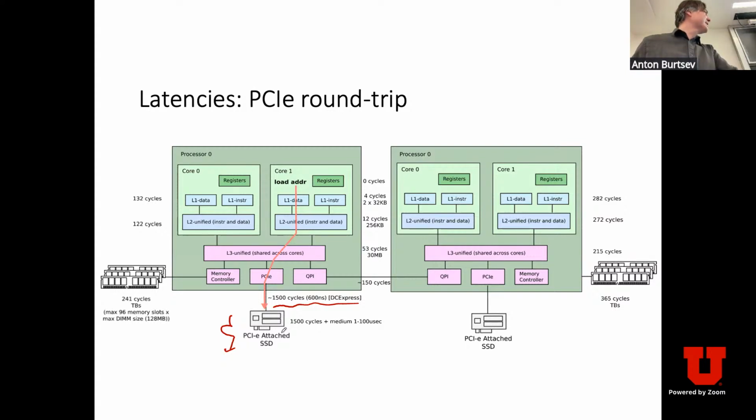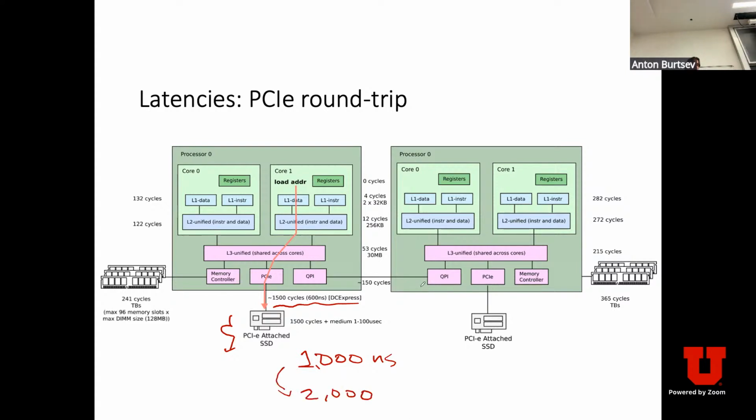The disks are at least 10 times slower, just because of the logic of the interfaces and everything. But if you have two back-to-back machines in a data center, you can send network messages with an overhead lower than 1000 nanoseconds, or a microsecond, which is roughly 2000 cycles, right?